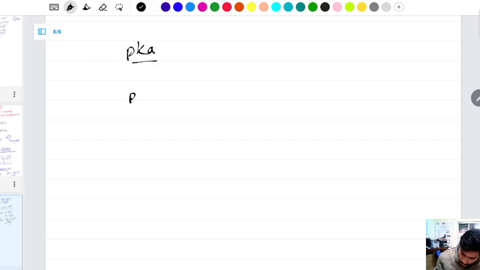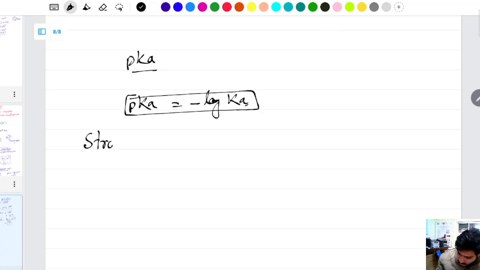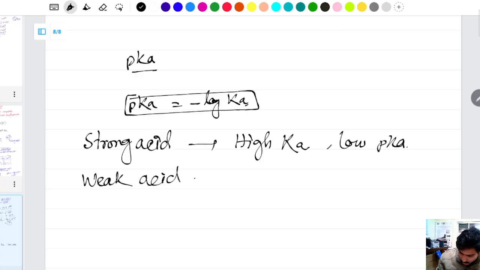We have to know the pK value equals minus log of K value. We have to remind all those things, and also strong acid means high K value, low pK value. Weak acid, low K value and high pK.